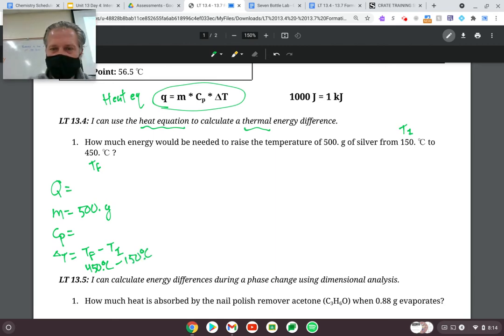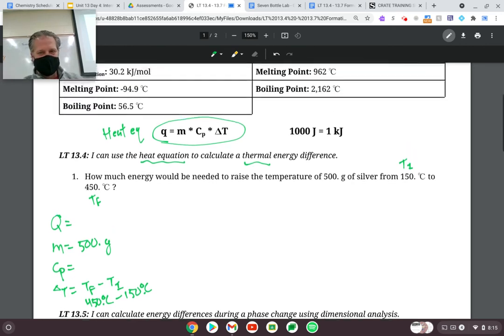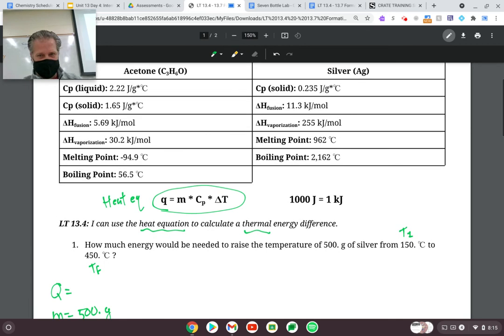Now, in this problem, I need to first identify what state of matter the silver is in. I do that by looking at the data I've been provided. I see that the melting point is 962 degrees Celsius, so the melting point / freezing point is 962.